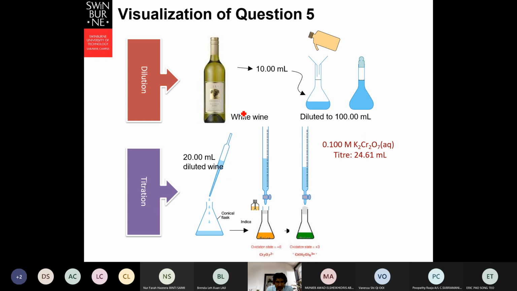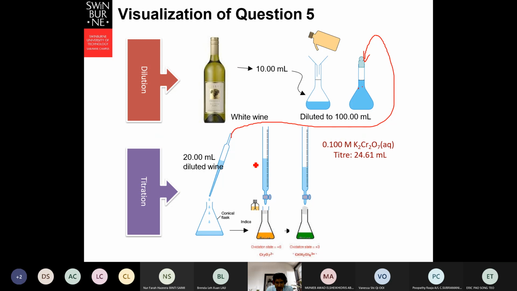10 milliliter of this was taken and then diluted to produce 100 milliliter, which is 10 times diluted, and then from here I took this 20 milliliter.